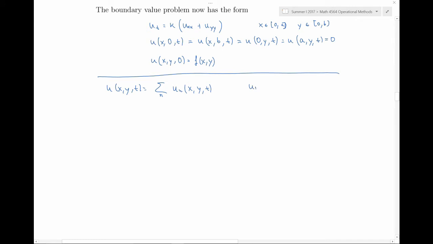And just as before, we can assume that each building block solution is a product, this time of 3 functions that depend on their respective variables.